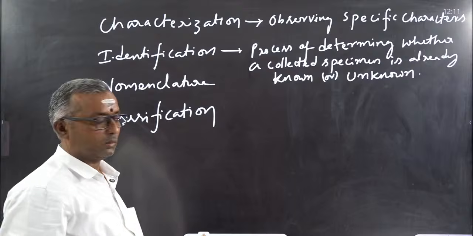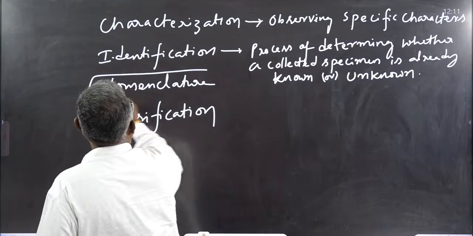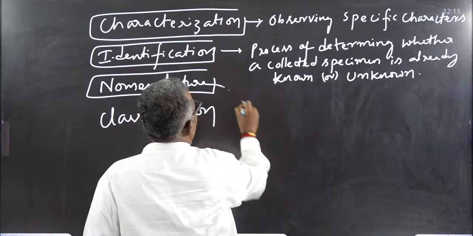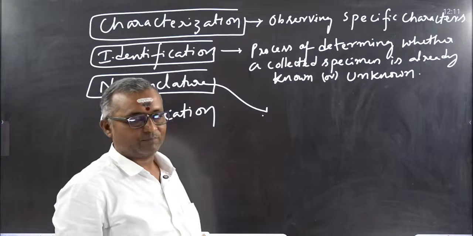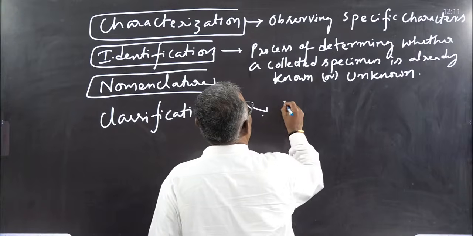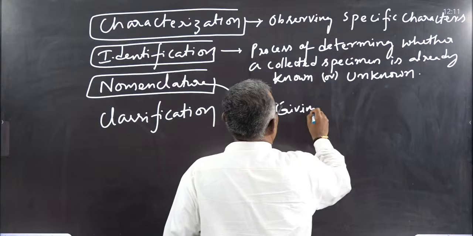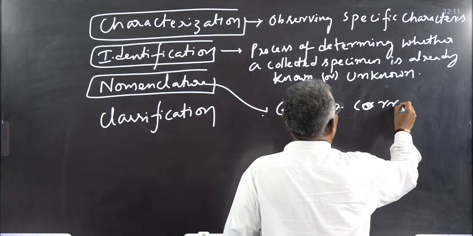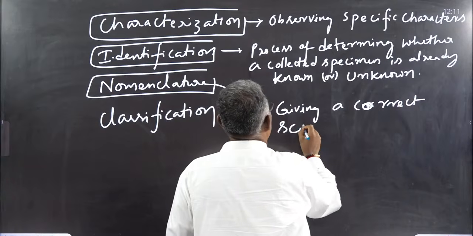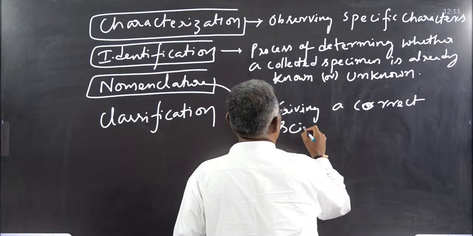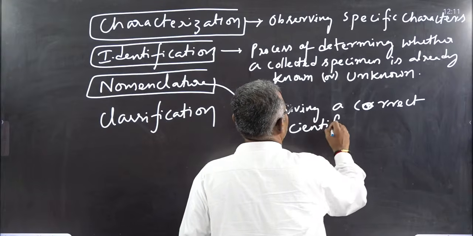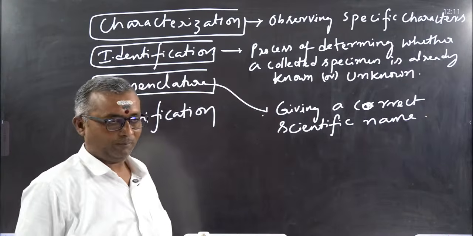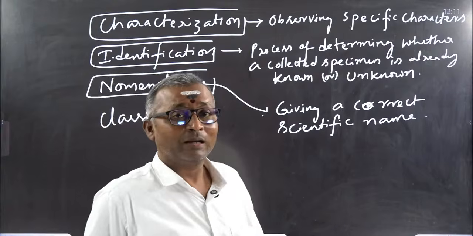Next, the third one, nomenclature. Nomenclature is giving a correct scientific name, not a local name. It's a scientific name.